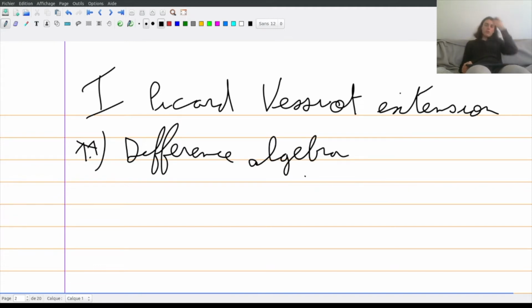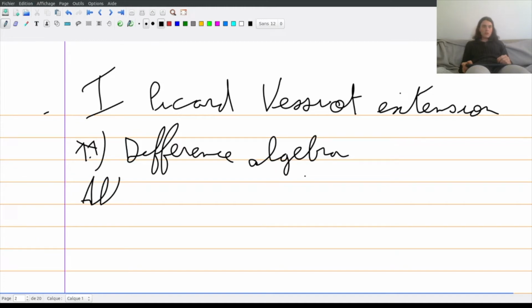The Picard-Vessiot extension is basically the analogue of the splitting field in this theory, meaning that it will be a ring where the solutions live. And to do that, there is an extra structure, which is the automorphism sigma. So difference algebra is just classical commutative algebra, but with additional structure.